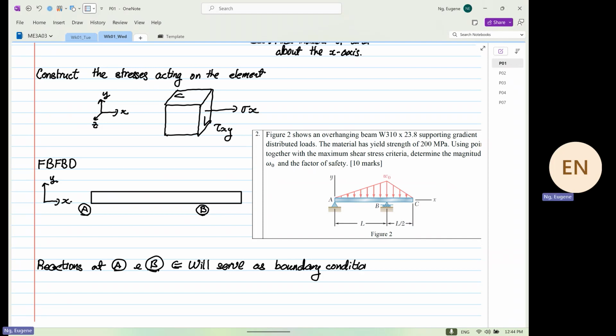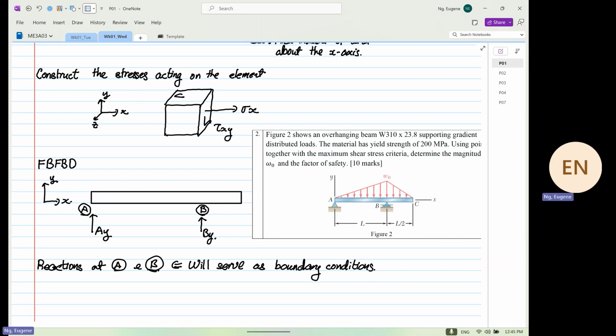This will serve as what? Boundary condition. Yes or no? Right. So it's very obvious that we're going to assume you have AY over here, and we have BY over there.